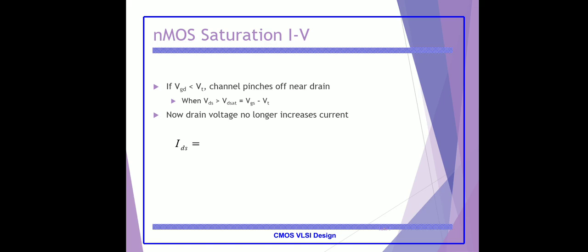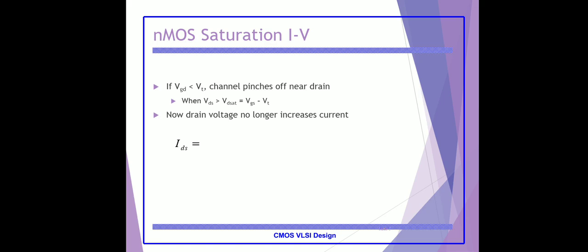In the case of triode mode, the VGS value gradually increases, in saturation mode it remains constant, and in the cutoff region it is very low, that is VGS is less than or equal to VTN. In NMOS saturation, if VGD is less than VT, the channel pinches off near the drain, and VDS is greater than VDSAT, which is equal to VGS minus VT.